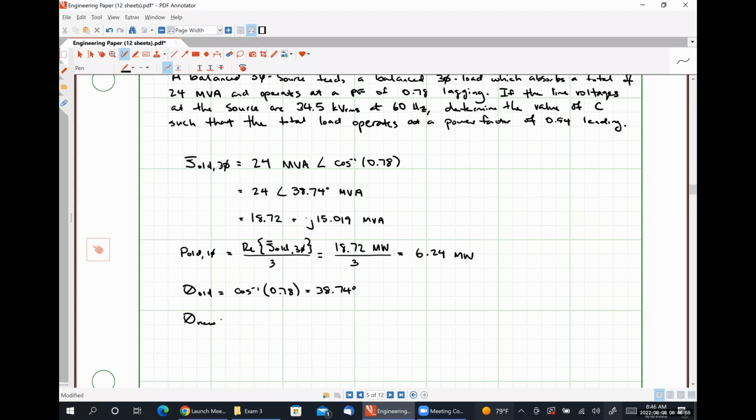Theta_new is going to be negative the inverse cosine of 0.94. The reason we're using negative inverse cosine is because we are told that our power factor is leading. Anytime we have a leading power factor, we should have a negative angle. So this is going to come out to be negative 19.95 degrees.